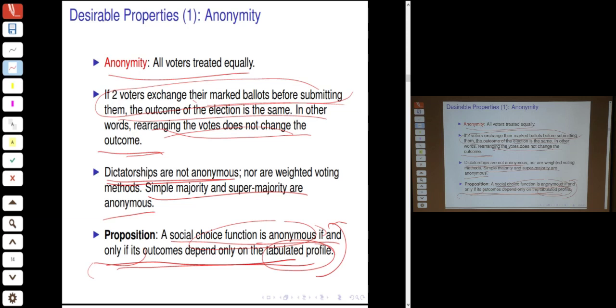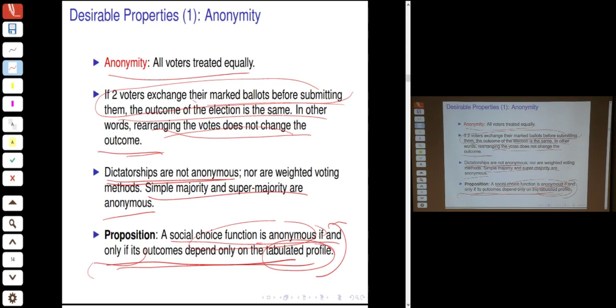So if your social choice function satisfies this anonymity property in selecting the winner of the election, then it should only depend on the voting sequence exclusively via the total number of votes obtained by the different candidates.